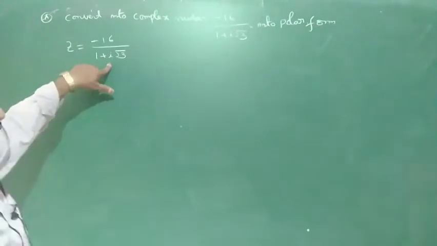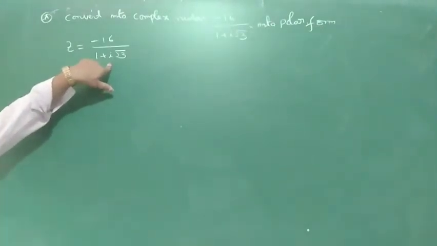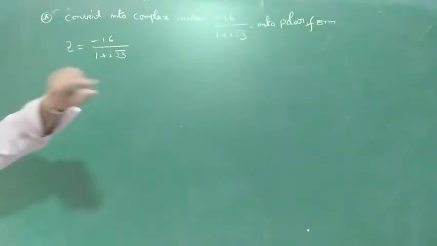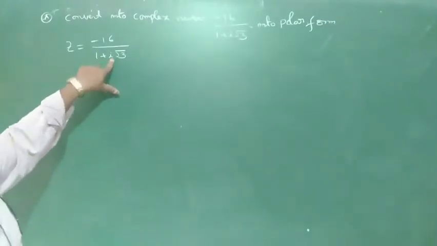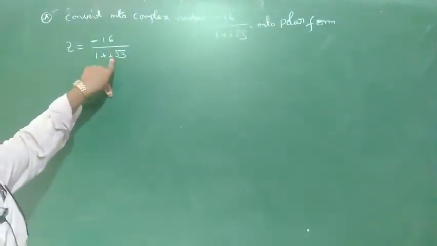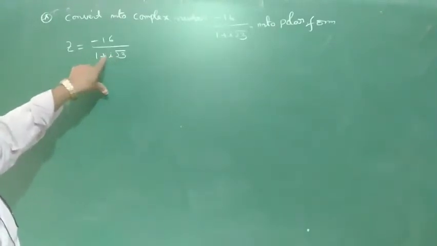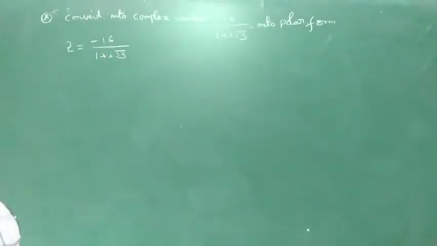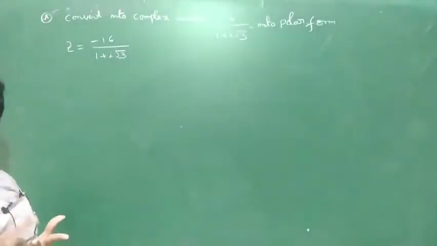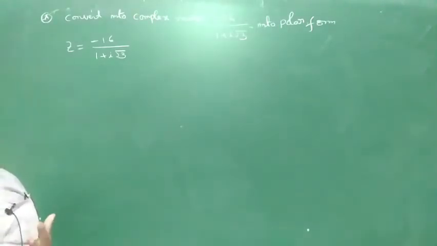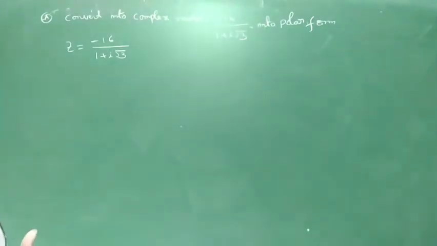In the denominator, x should not be there. Root values and i values, negative values, should not be in the denominator.